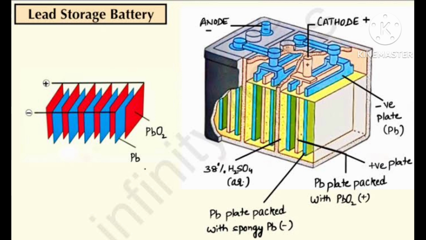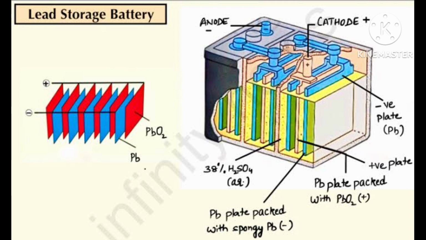The most important secondary cell is the lead storage battery, which is used nowadays everywhere, in 4-wheelers and 2-wheelers. In automobiles, the commonly used secondary battery is only the lead storage battery.